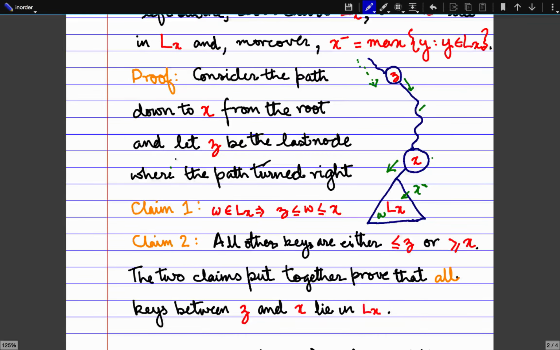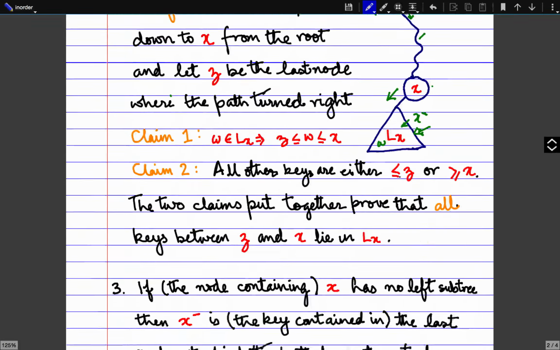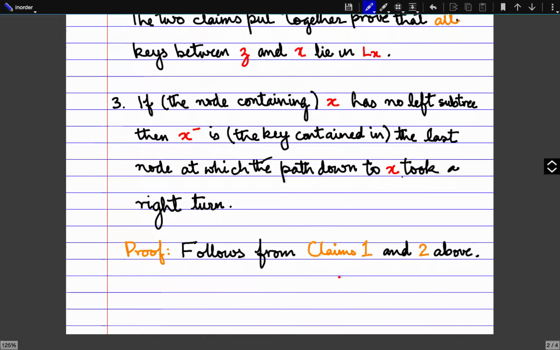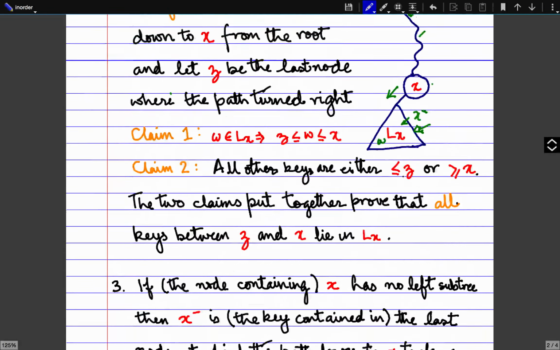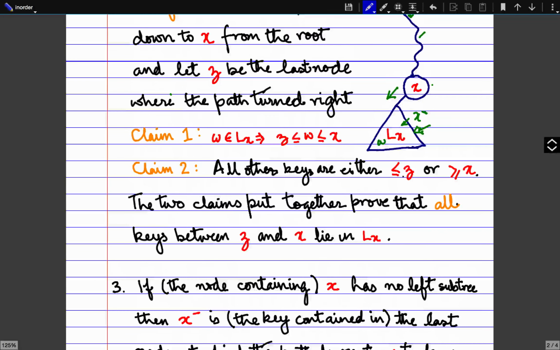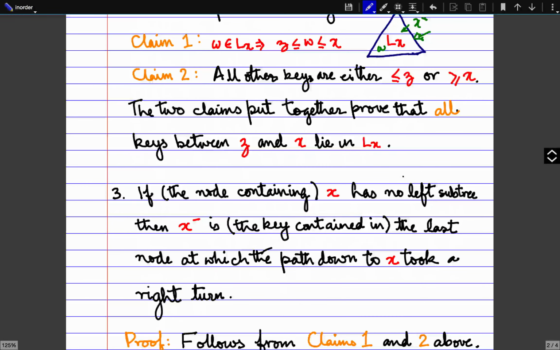Only these elements here lie between z and x. And so if x contains no left subtree, then Lx is empty, and so there are no elements which lie between z and x, and hence z is x minus. So property 3 follows from claims 1 and 2 above.